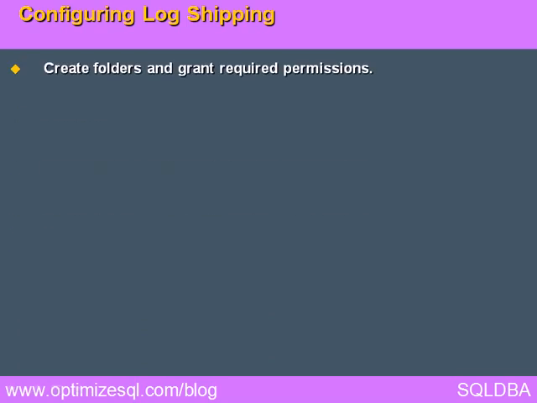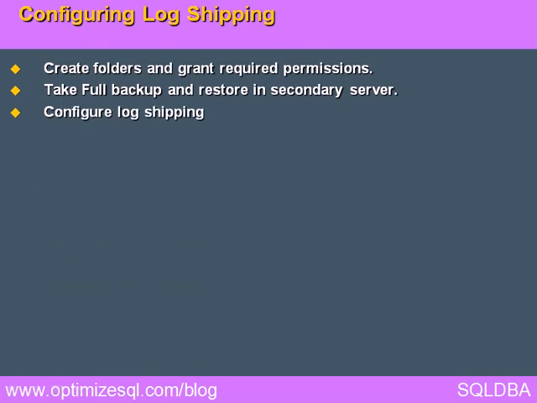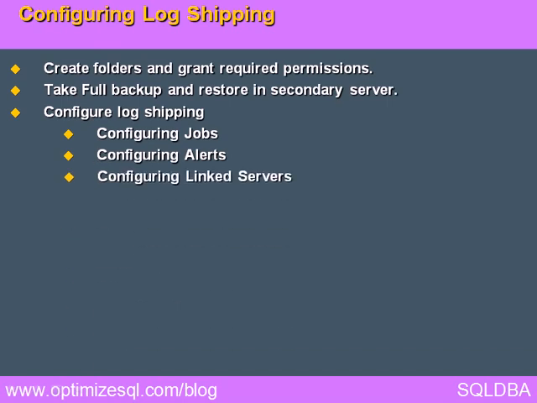Observe here. First step: create folders and grant permissions, take a full backup and restore on the secondary server, then configure log shipping. Configuring log shipping means creation of jobs, creation of alerts and creation of linked servers. With the wizard we can do all these things, no need to perform anything manually. Very simple basic steps to configure log shipping.